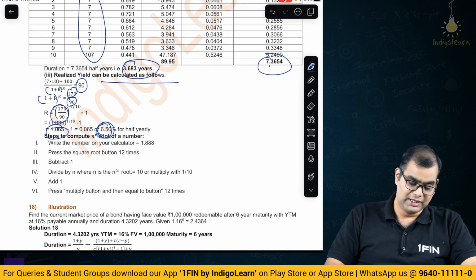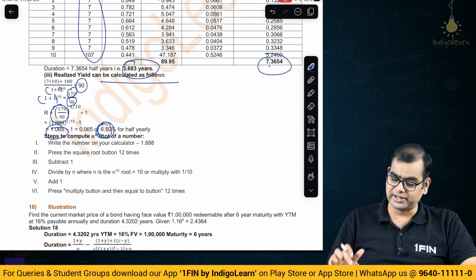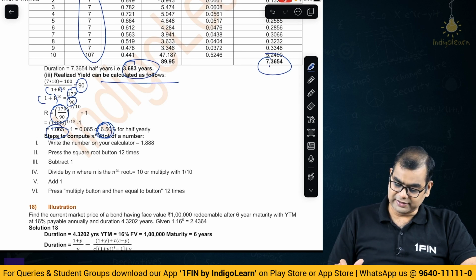Now see, here I have written how to compute the 10th root on a calculator. Write the number on your calculator. What do we have to compute here? 170 by 90, the 10th root of that. It comes to 1.88888. Then press the square root button 12 times: 1, 2, 3, 4, 5, 6, 7, 8, 9, 10, 11, 12. Subtract 1. You get a value.